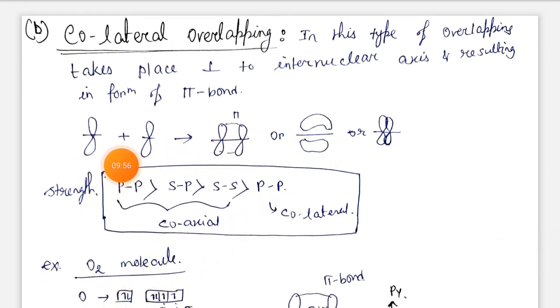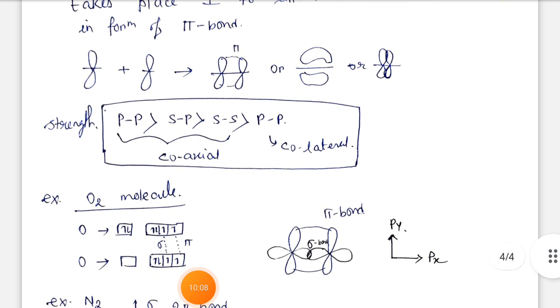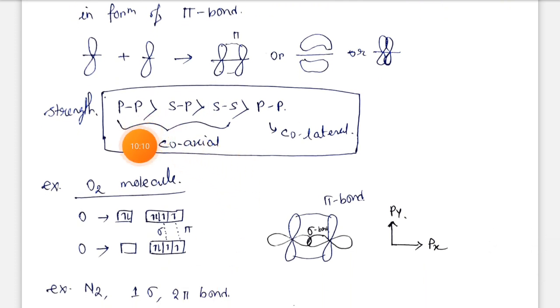Basically these are two p orbitals, and if this type of overlapping is there, this is a pi bond. Now the strengths of sigma bond and pi bond: first coaxial, from coaxial pp overlapping is greater than sp, then ss, then collateral, that is pi bond, pp overlapping.